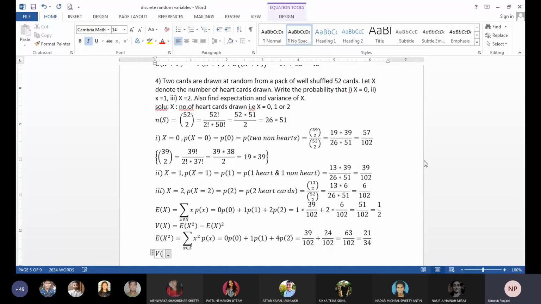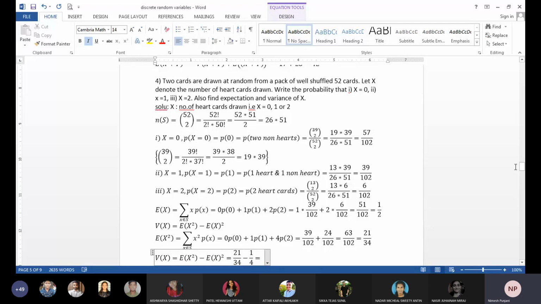Now variance of x, e of x square minus e of x the whole square. So e of x square is 21 upon 34 minus 1 by 4.